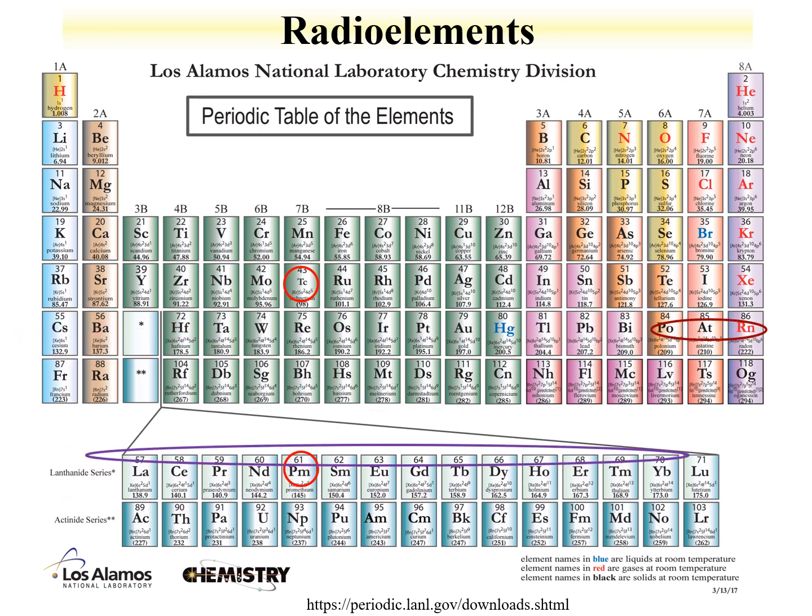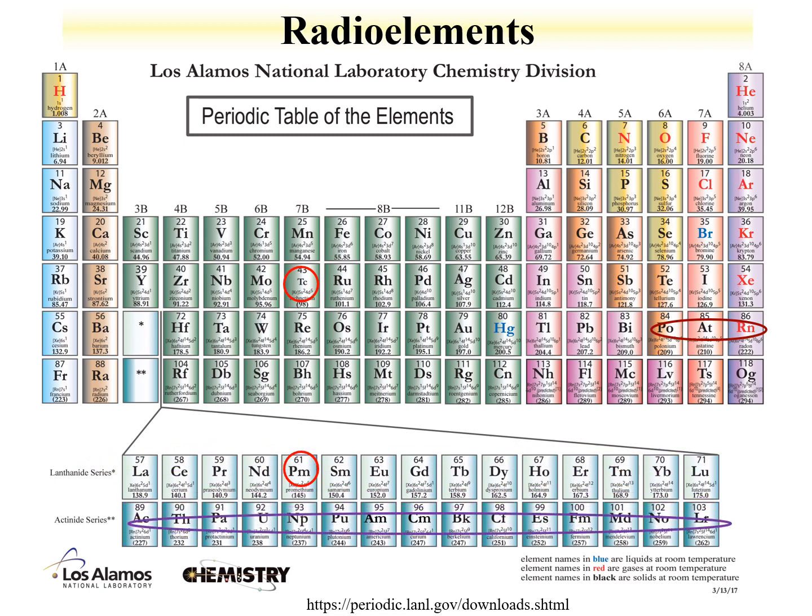So polonium, astatine, radon, all the actinides shown here, and then the transactinide elements. At the University of Washington, one should note that astatine is produced. Astatine-211 is made at the cyclotron at the University of Washington, and it's used as a radiopharmaceutical.